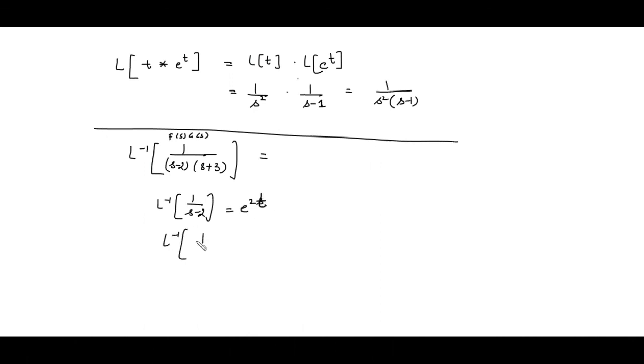The Laplace inverse of 1 over s plus 3 is e to the power minus 3t. So the Laplace inverse of this will be e to the power 2t convolution with e to the power minus 3t, which is the integral 0 to t e to the power 2u e to the power minus 3(t minus u) du.